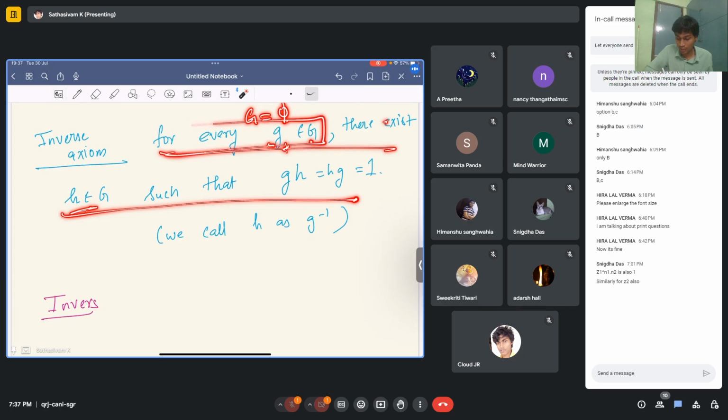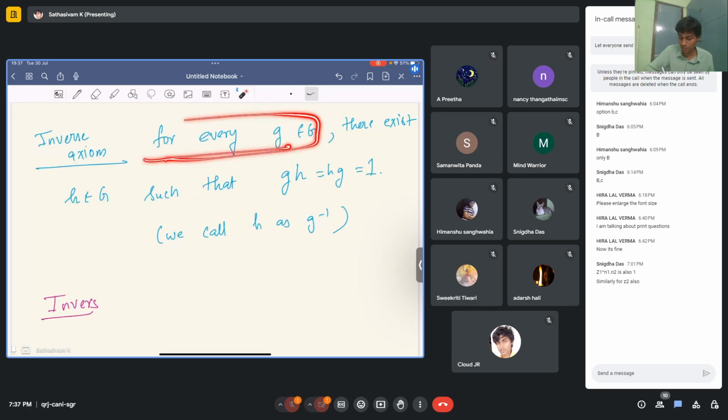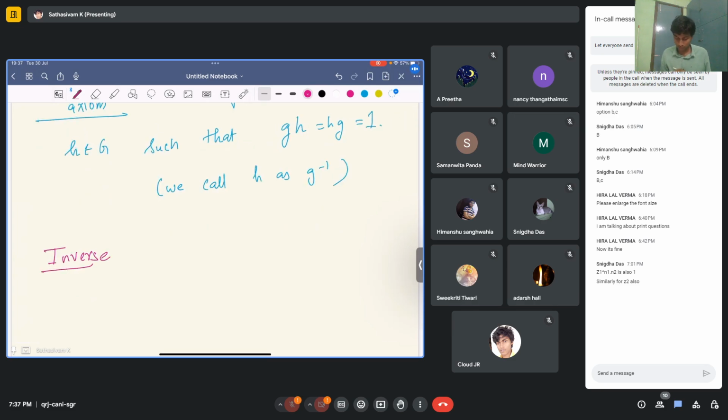So this is an implication statement, and the hypothesis part is false. So this statement is vacuously true. Anyway, let's move on to the next one.